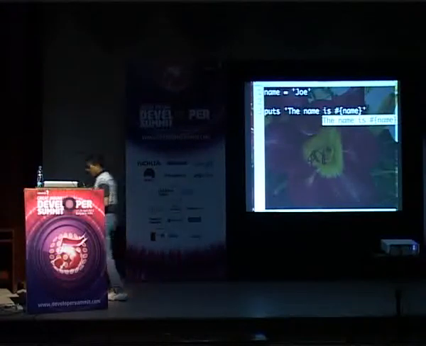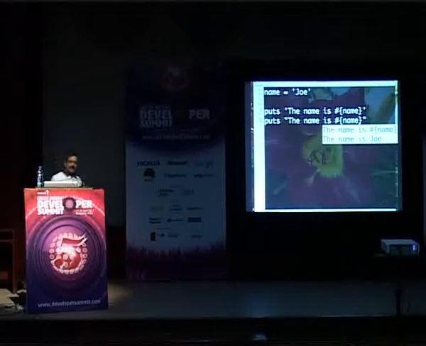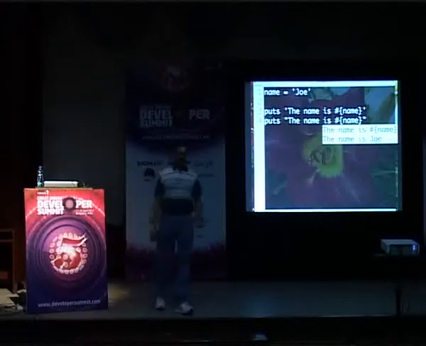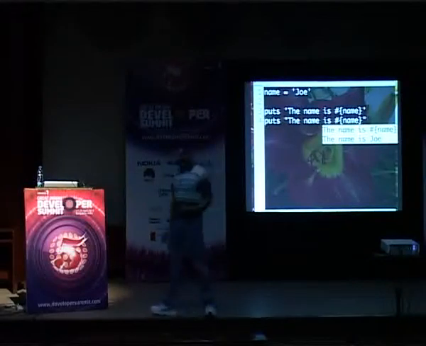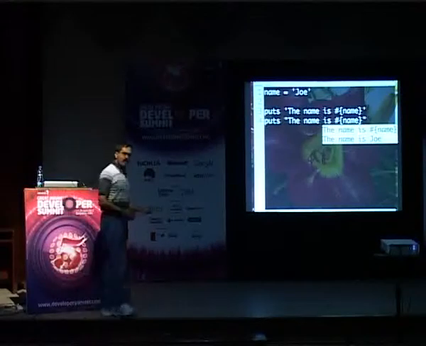But I'm going to now go back and redo this, but this time I say puts double quote, the name is pound name. What you see here is an expansion of the string. So you can embed variables in strings, and as long as it's a double-quoted string, it expands and substitutes those. What's the benefit?